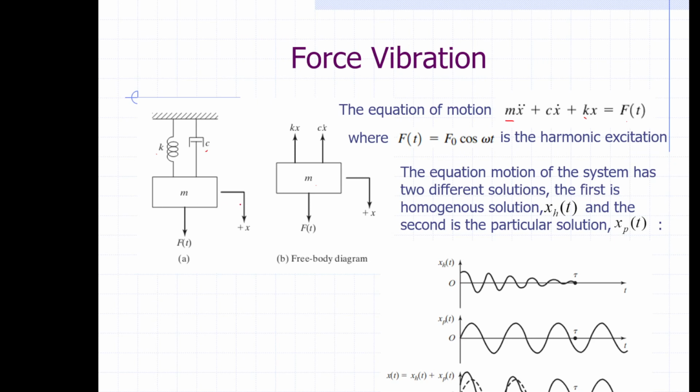So for forced vibration, the input to the system is in the form of a trigonometric function. For example, here is cosine omega t, where omega is the frequency of the input force, and the amplitude of the force is f0.